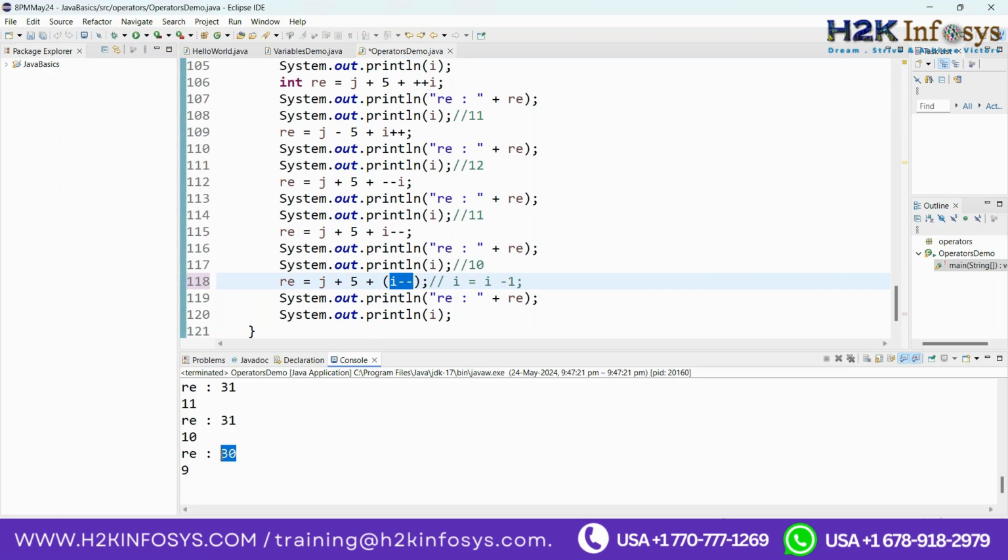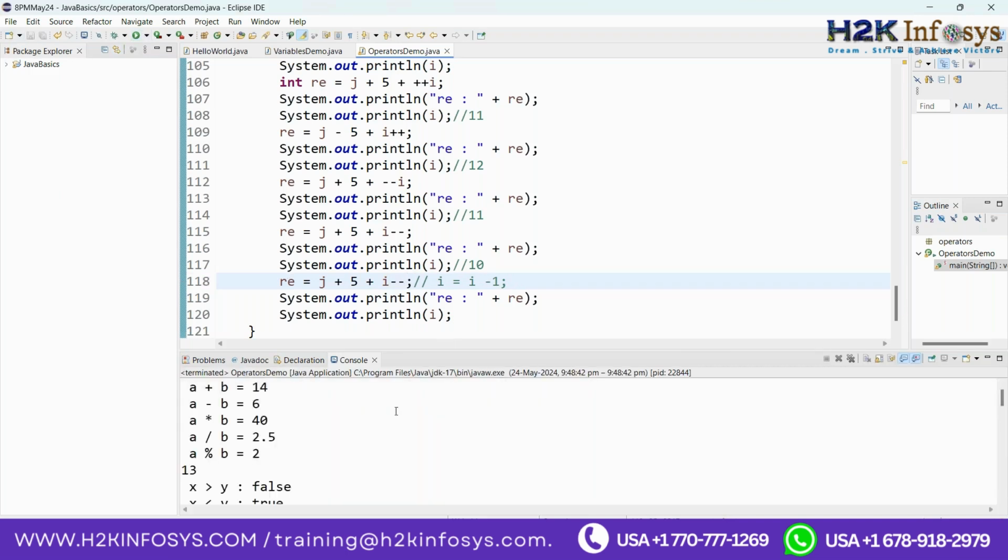29 was the answer we thought, but what is the correct value here? See, 30. That means irrespective of your parentheses, whenever it is post, it will be done only after the expression. Whether you have parentheses or not, for post it has no meaning, though you can have it.